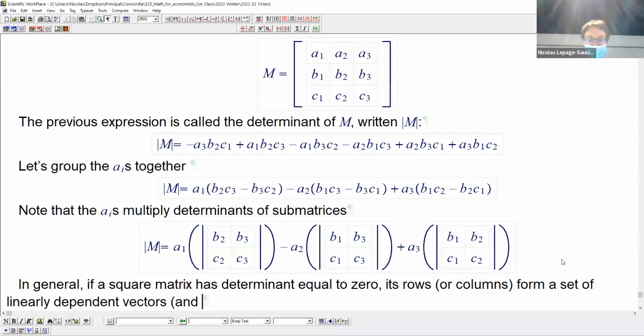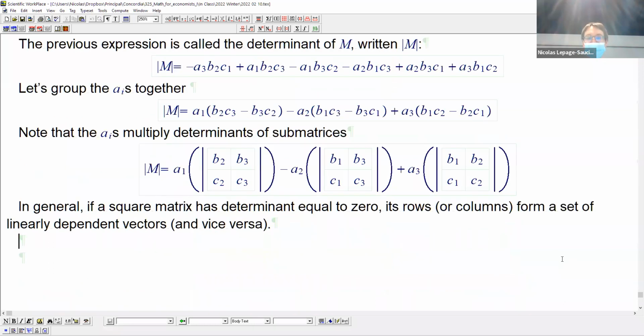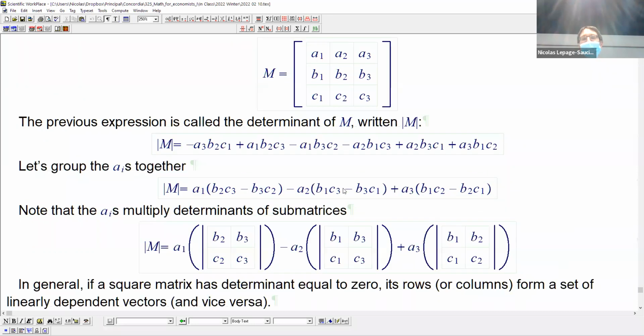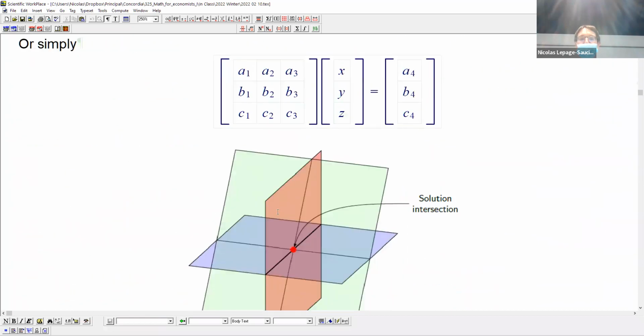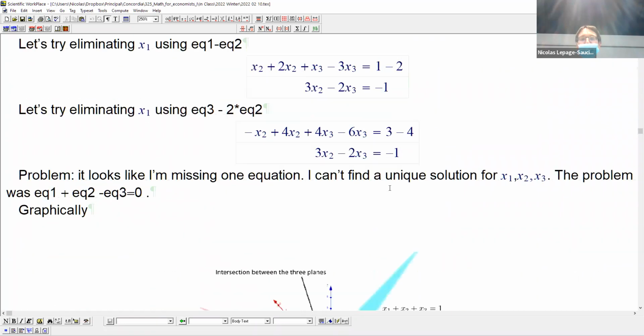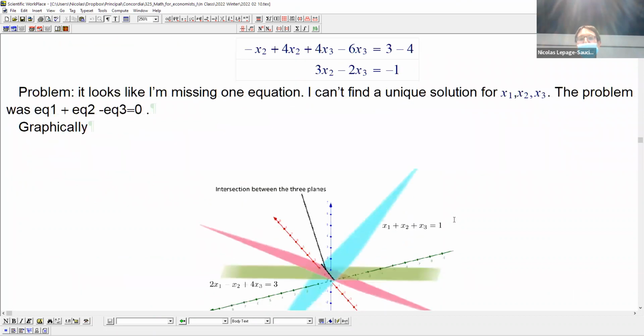And vice versa. All right, so this is the usefulness of determinants. This tells you whether your matrix is well conditioned or not, whether you have enough information, whether what you're going to find is something that would look like this when you try to solve the system, or rather something that would look like this, or even worse if two planes are just the same.